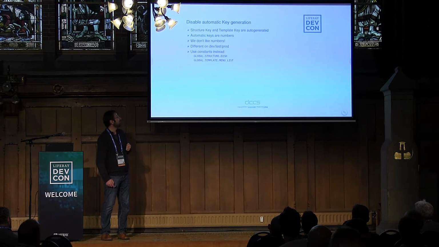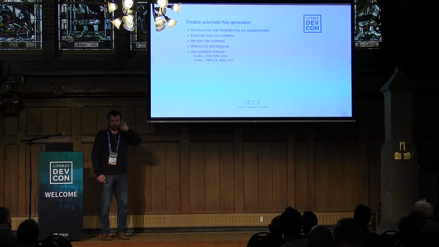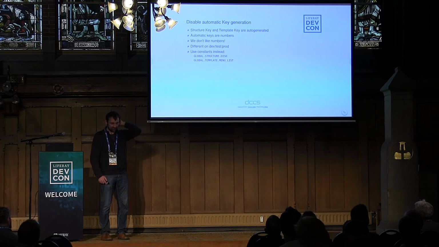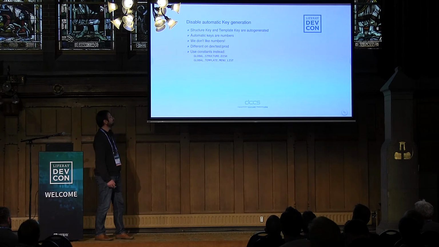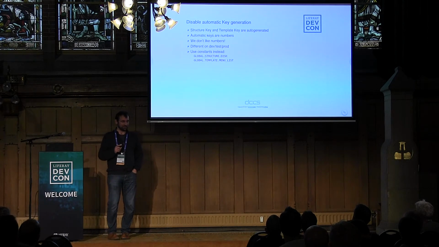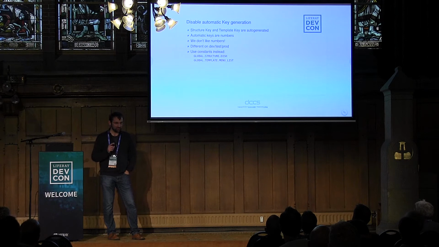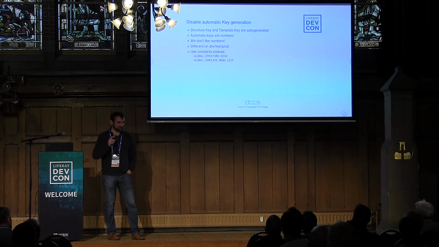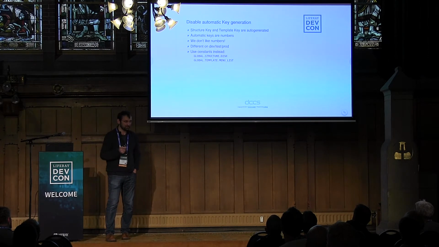Then another thing we really found useful, not exactly mandatory for a lot of things: when you create a structure or a template, there's an automatic key generated, and this automatic key is also a database key. It's unique per system, and it's also a number.